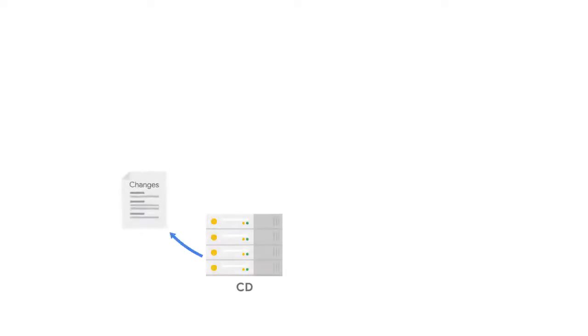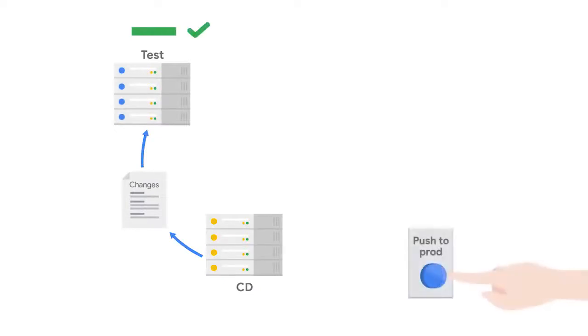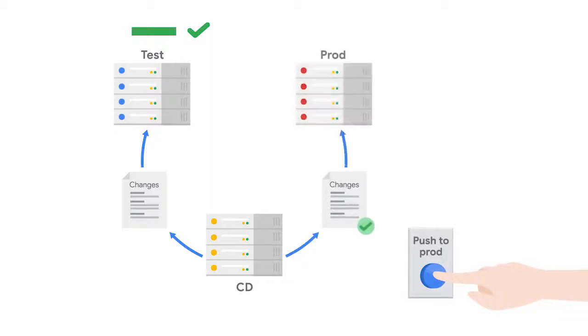The test environment needs to be similar enough to prod that we can use it to check our changes work correctly. You could have your CD system configured to push new changes to the test environment. You can then check that the service is still working correctly there, and then manually tell your deployment system to push those same changes to production.